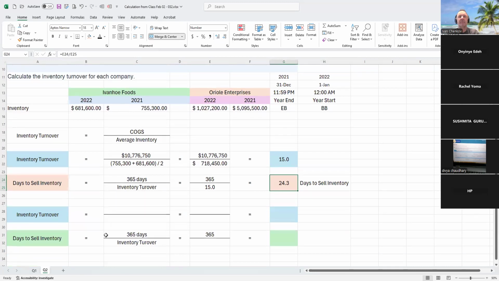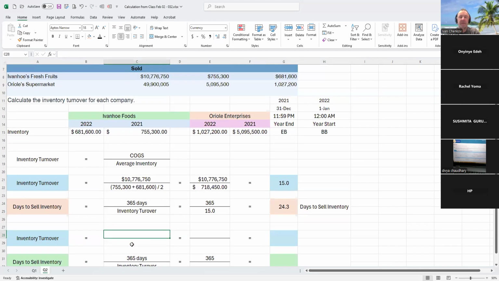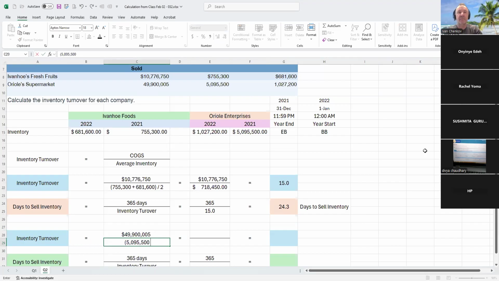How about the other company? Same idea. Get the cost of goods sold. Get the inventory: 5,095,500 plus 1,027,123, divided by 2.